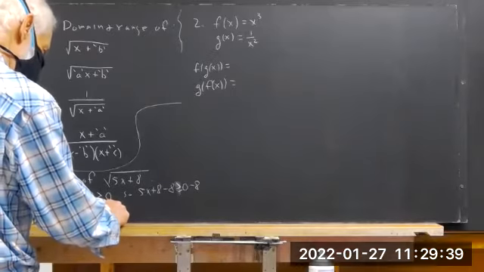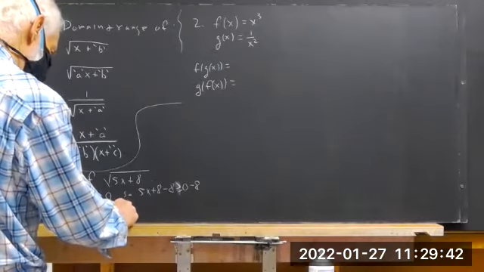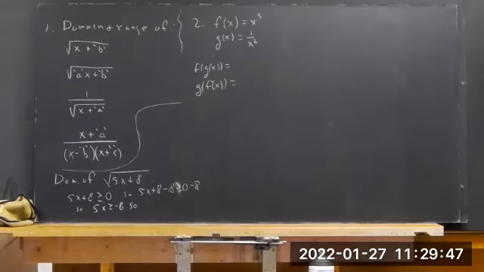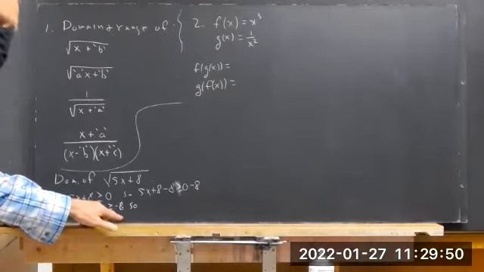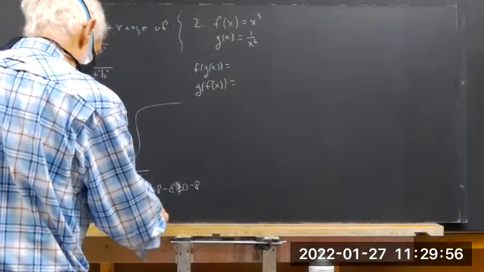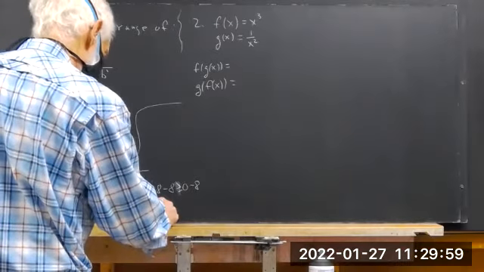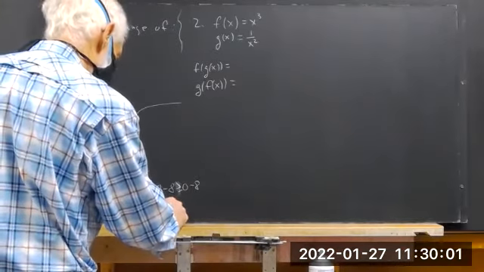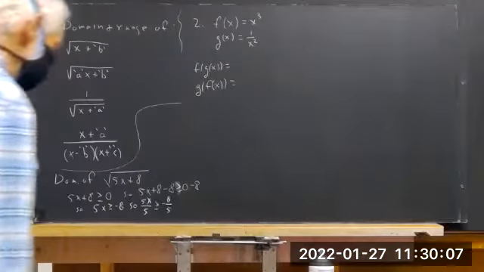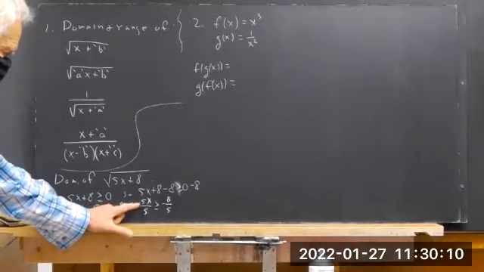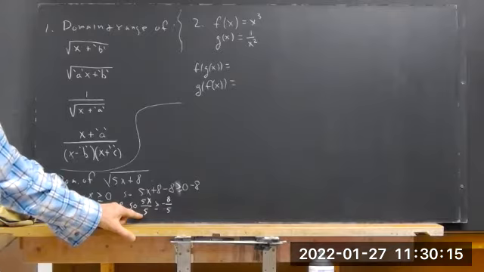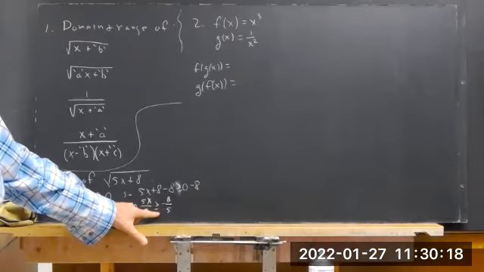So 5x is greater than or equal to negative 8. So you divide both sides by 5. 5x divided by 5 is greater than or equal to negative 8 divided by 5. And remember, if there was a negative quantity in front of x, you'd be dividing by a negative quantity, and that would reverse your inequality.